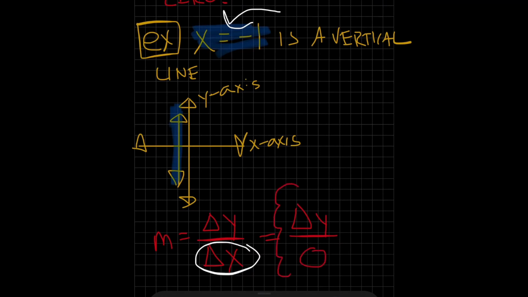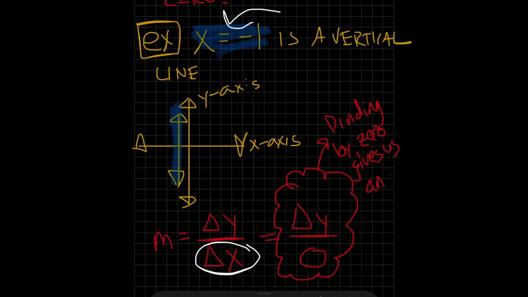And this should make your mathematical heart cry out. We cannot divide by 0. Dividing by 0 gives us an answer that is undefined.